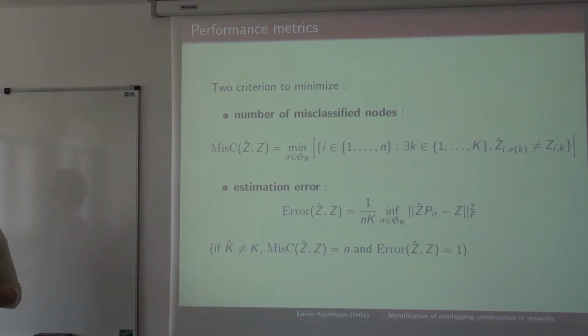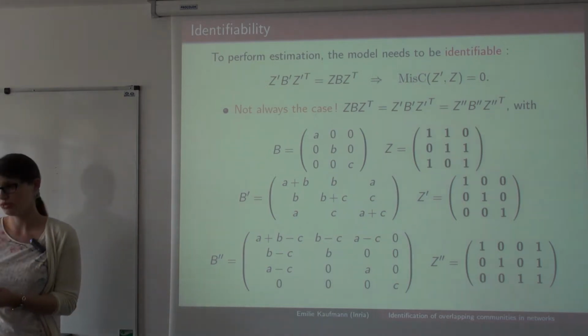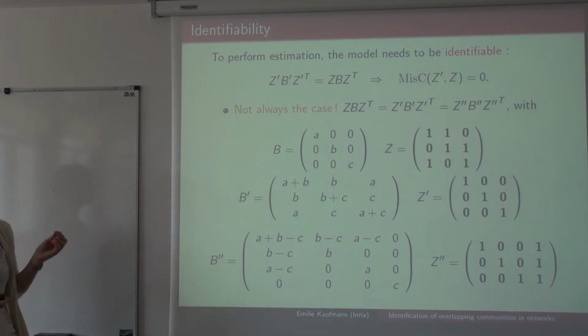So is it possible to perform estimation in any SBMO model? The answer is sadly no, because to do it, we need the model to be identifiable in the following sense.